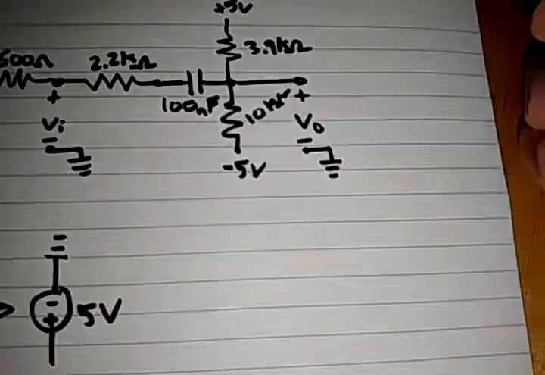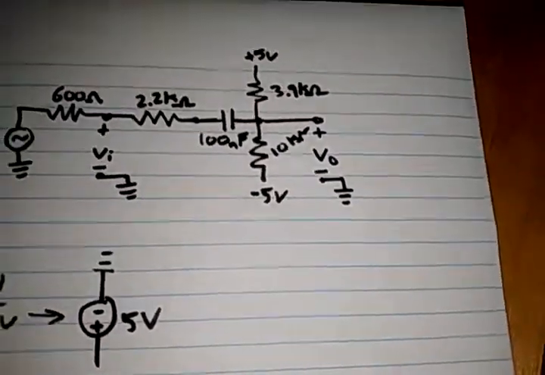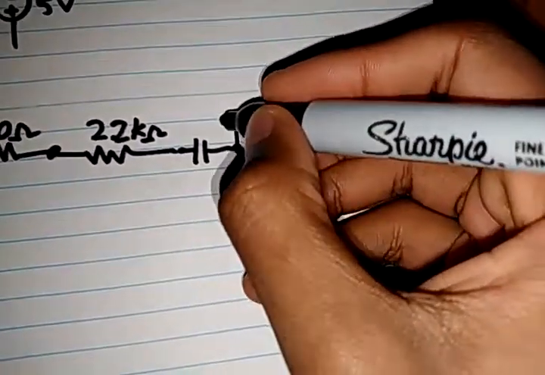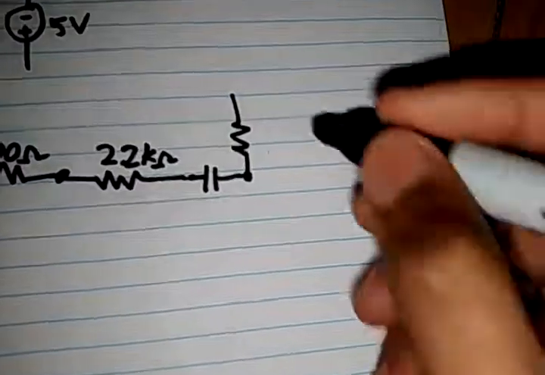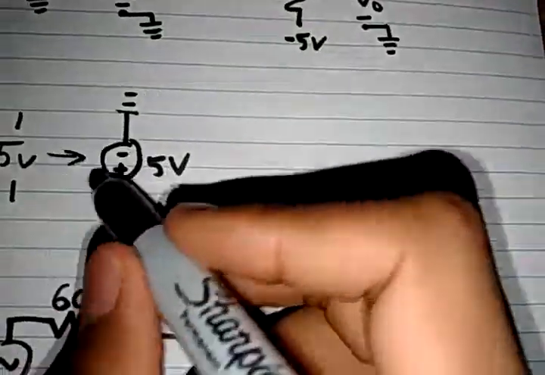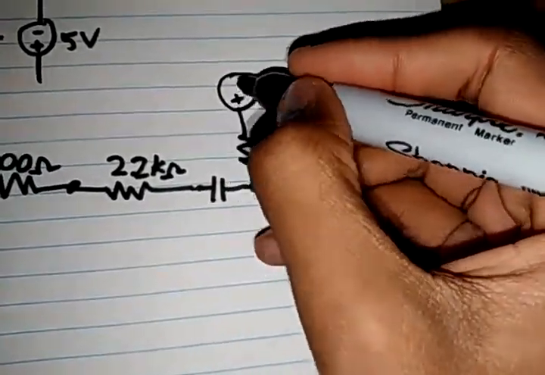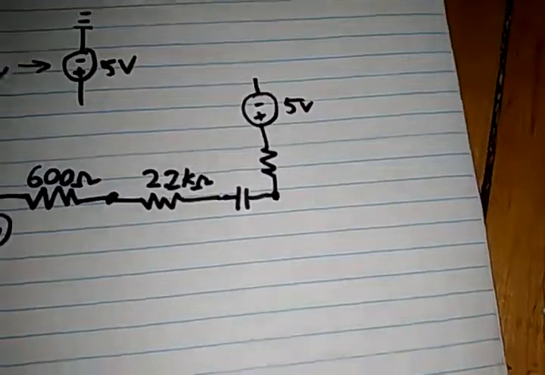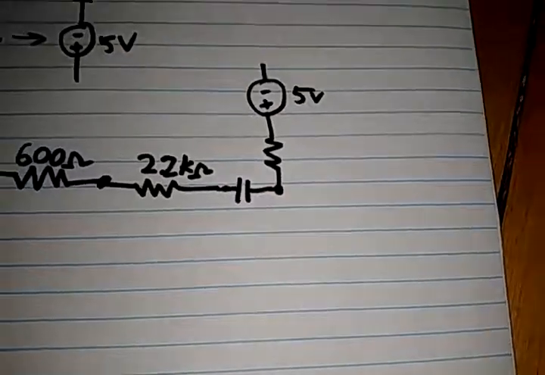Then to convert this part into voltage form, I'm going to draw it like this. I've got a resistor going up, and then as I said over here, we're going to have a plus minus 5 volts, and this is going to connect to ground, but for now I'm just going to leave it like that.